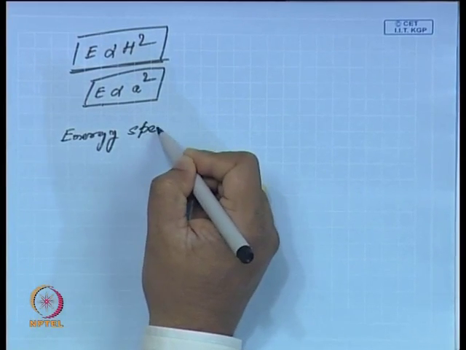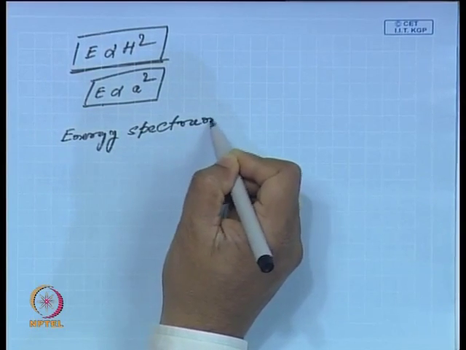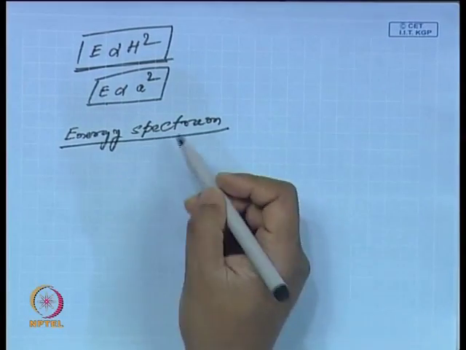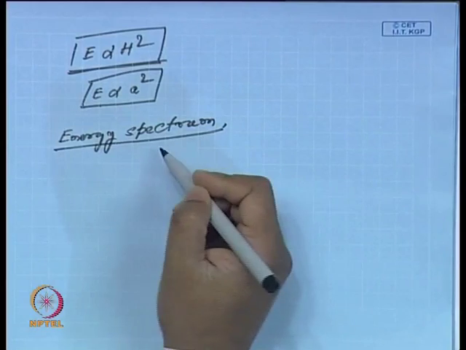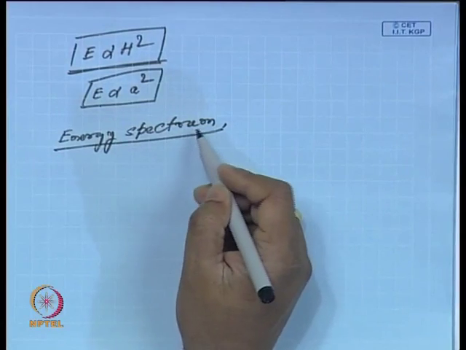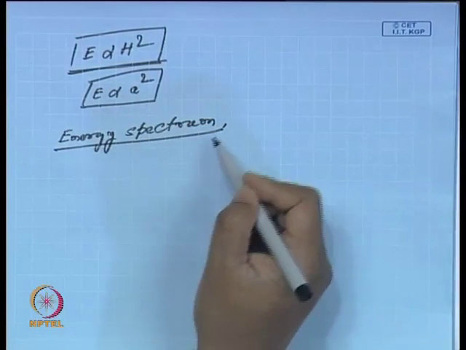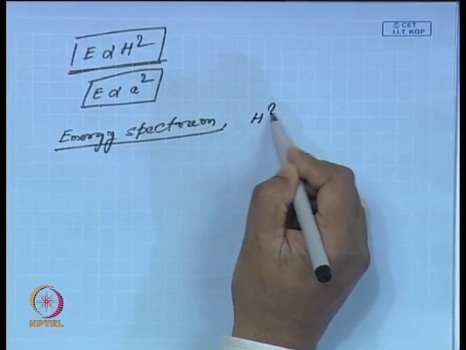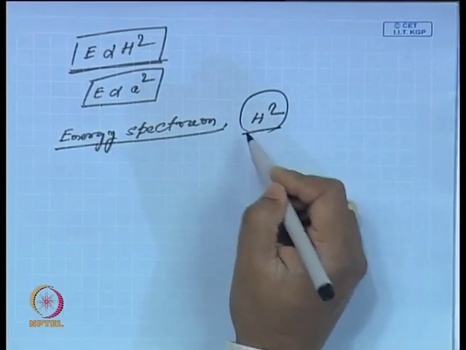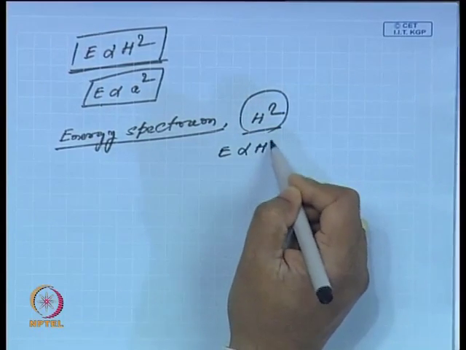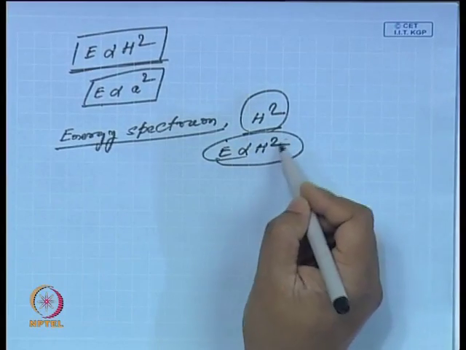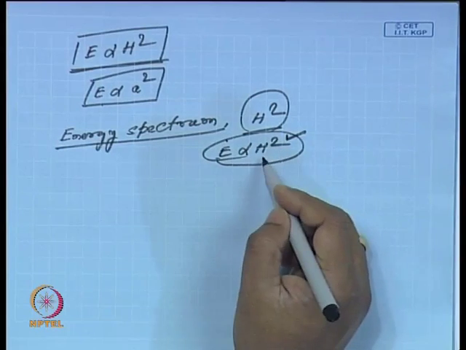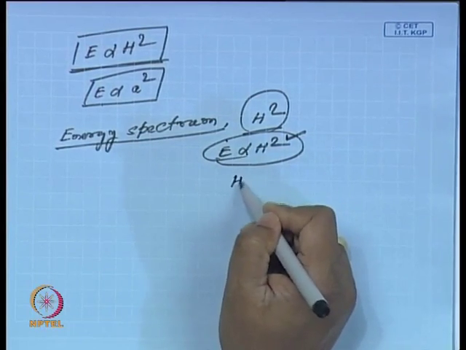Once we know the energy, we get A square, since E varies as A square. So once we get the energy, we know H square, and once we know H square, we can easily get H.